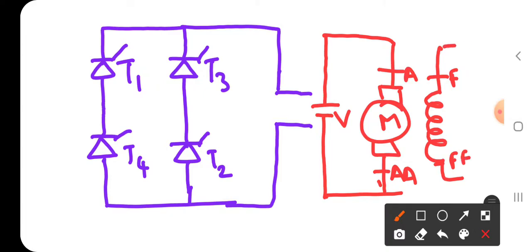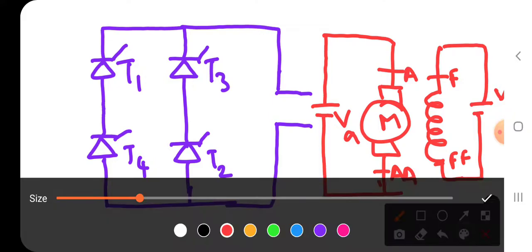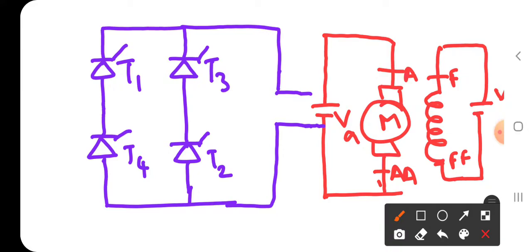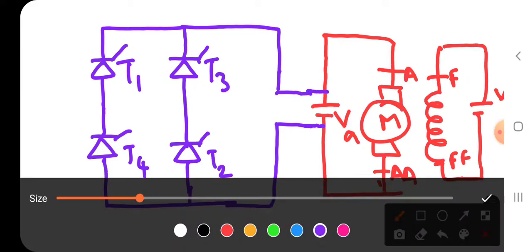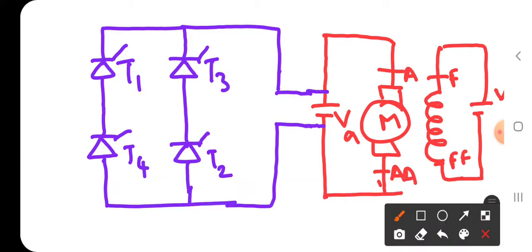Both are excited separately, like this. Let us assume this is VA, the voltage to the armature. Now I have to give the input voltage to the converter.